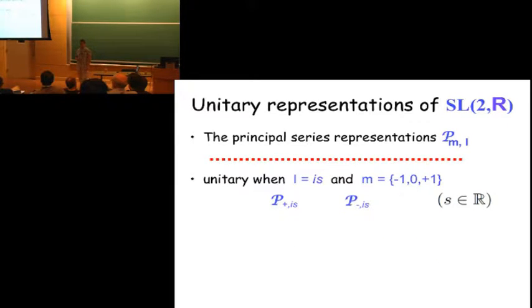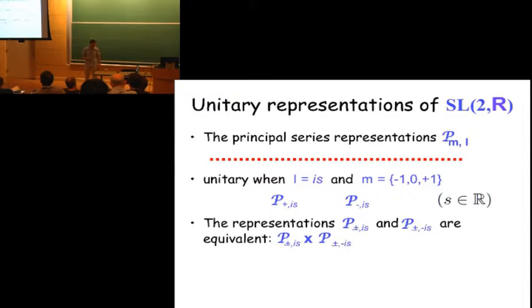Some useful facts from representation theory: if you want to ask which ones are unitary, the fact is that when lambda is pure imaginary, they'll be unitary. And in this case, the k-type does have to be an integer. So sometimes they're labeled by a real variable s, which is the imaginary direction in the lambda plane.